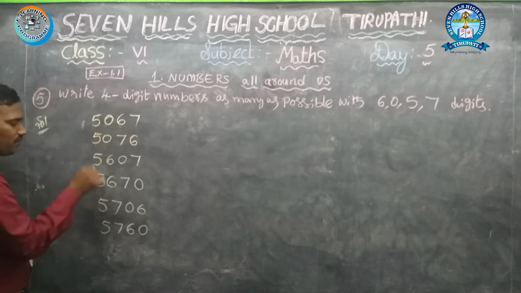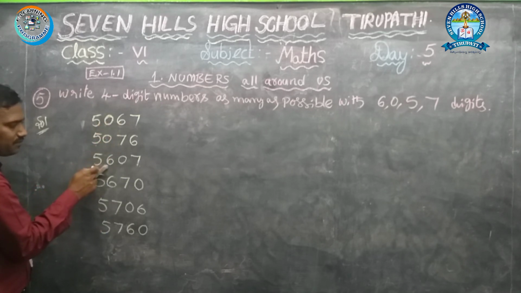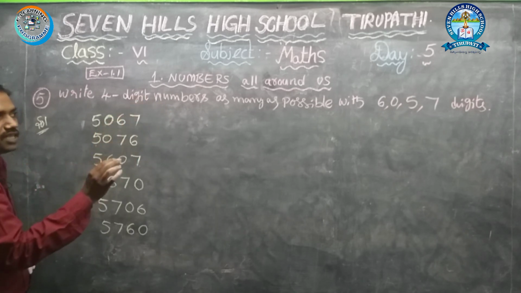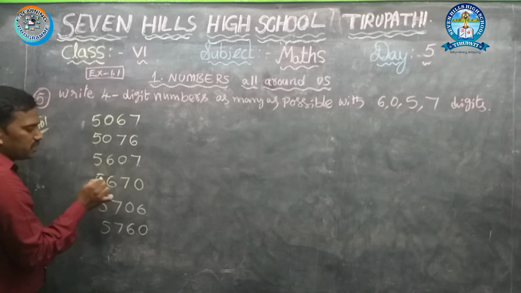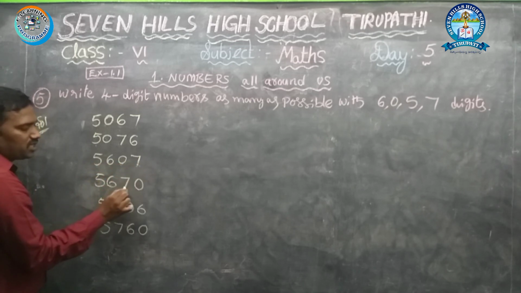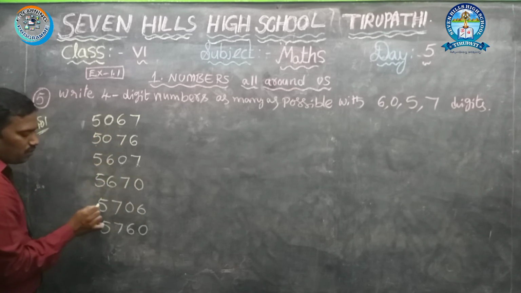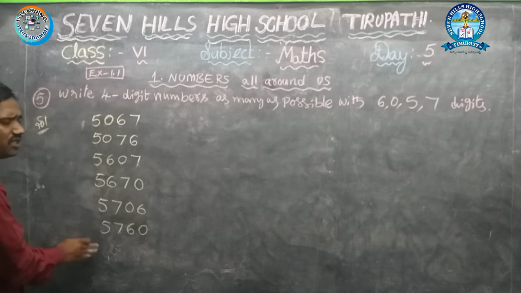Now in the 5 series, after 0 the smallest number is 6, so 56 after 0, 7: 5607. After that, in 56, replace that one: 5670. So 0 and 6 finished. Then 5, 7, 0, 6: 5706, 5760. This is the 5 series.